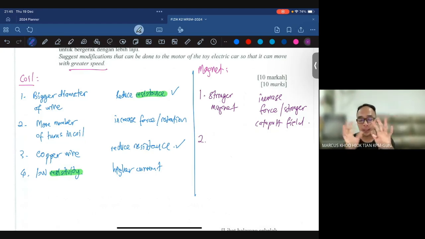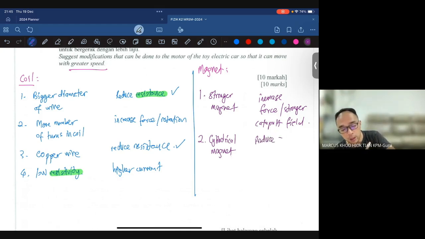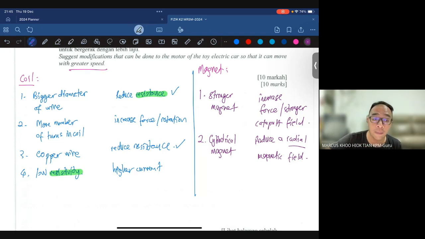Another one is, apa itu? Circular magnet. Cylindrical lah. Cylindrical magnet. The general answer for cylindrical magnet is to produce a radial magnetic field, supaya tiada kehilangan medan magnet.